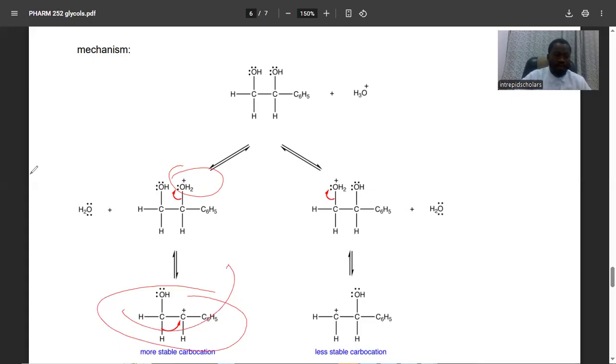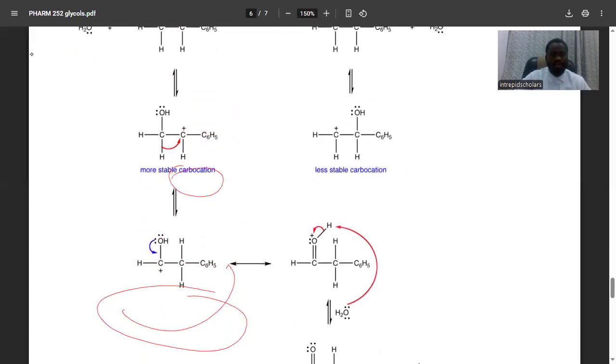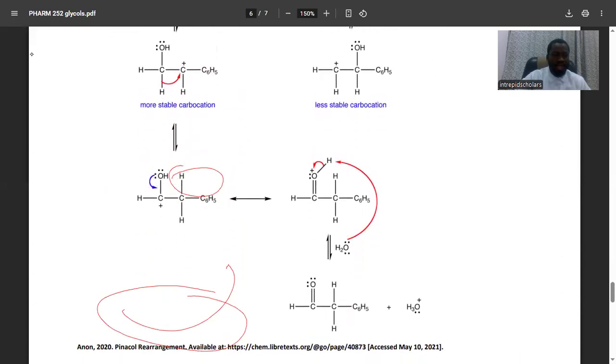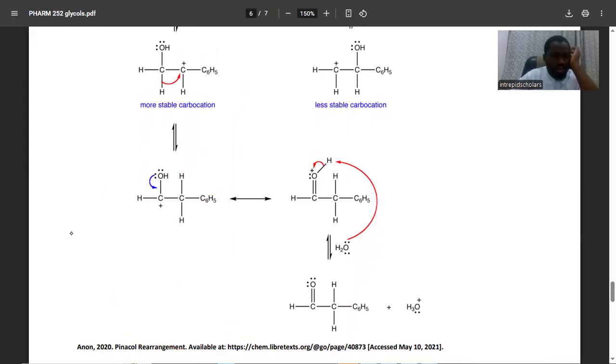Now moving on to how we can transform from that to form our product. From here, there will be a shift, right? Now, the reason why the shift is occurring, see, we are moving from a primary carbocation to a secondary carbocation, right? So essentially what we want is to put the positive charge on the carbon that is bearing the oxygen, the one bearing the hydroxyl group.